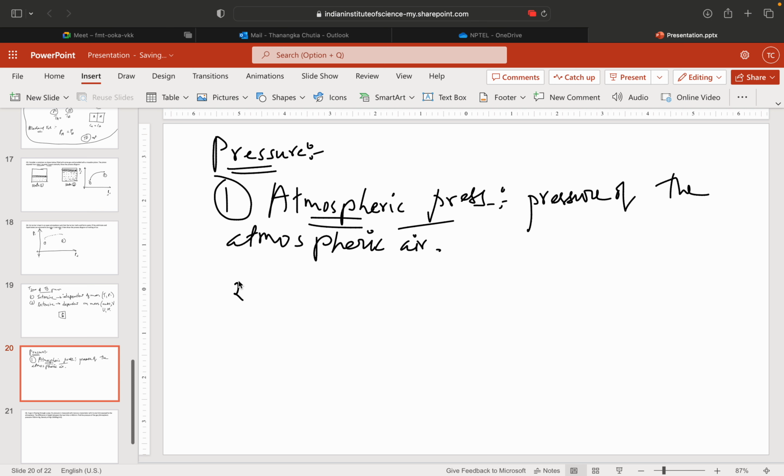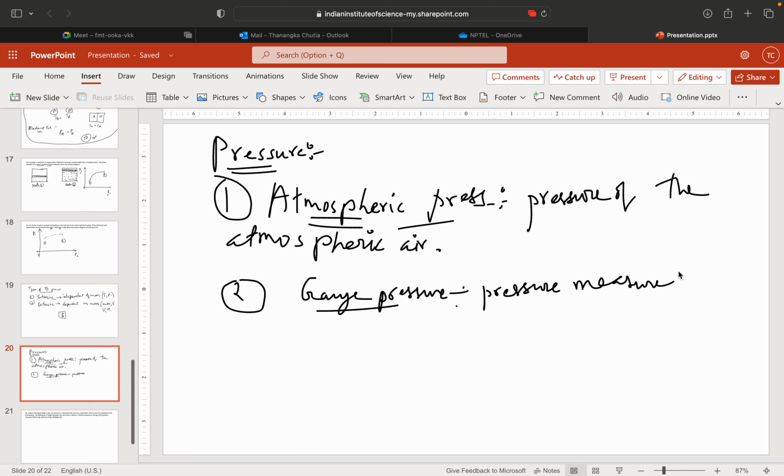Okay, then next is the gauge pressure. Gauge pressure, it is the pressure measured by the pressure measuring gauge.